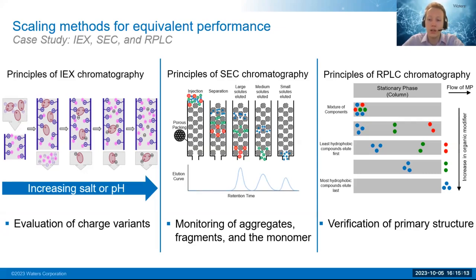Smaller molecules will pass through these pores and have a longer distance to travel, which consequently means that the molecules are eluted in order of decreasing hydrodynamic radius. This technique is commonly used to monitor purity levels by separating the monomer from any aggregates and fragments.